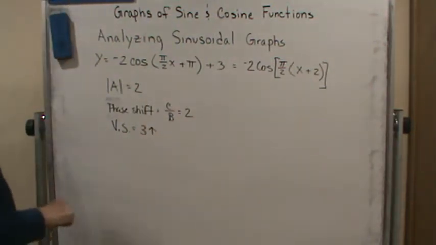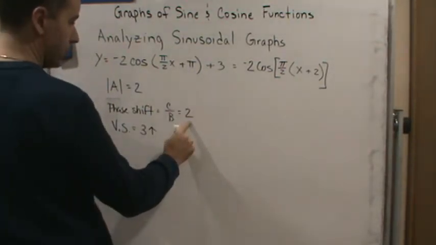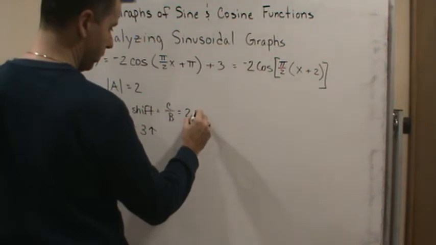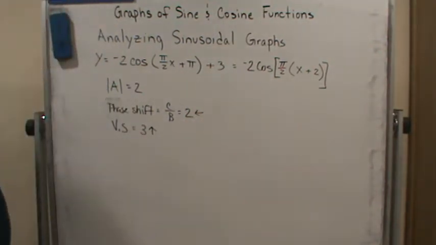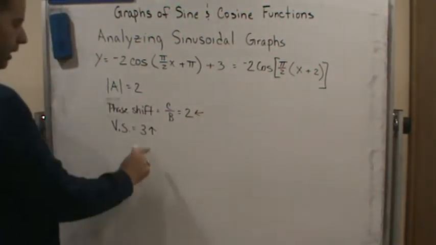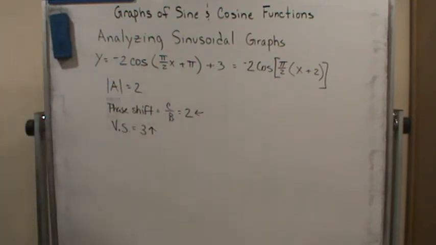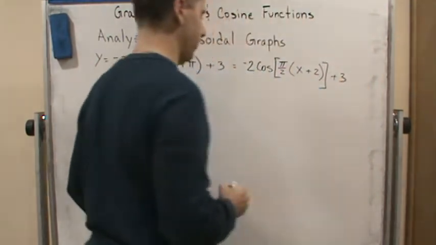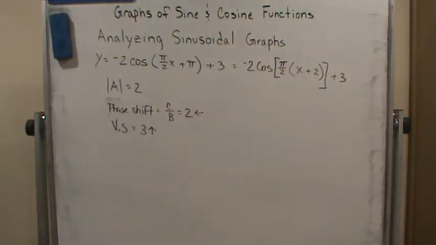So we've got a horizontal shift to the left, and we've got a vertical shift up 3 units. Amplitude is 2. What else? Oh, hold on, let me, there, that's a 3. What else is there that we need?